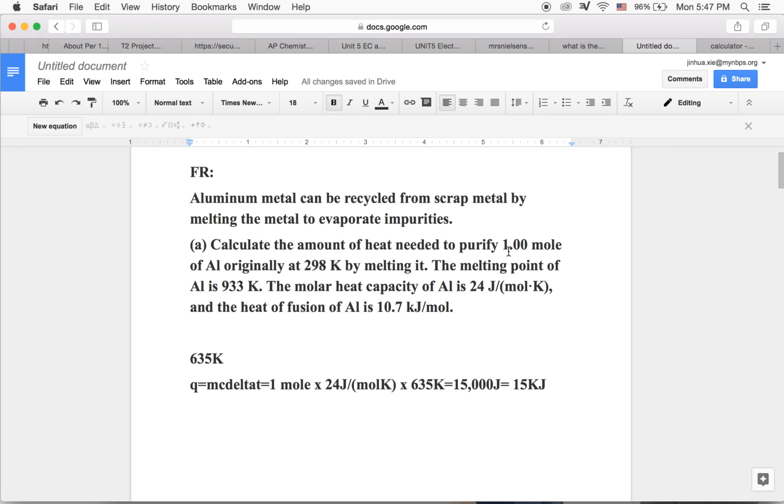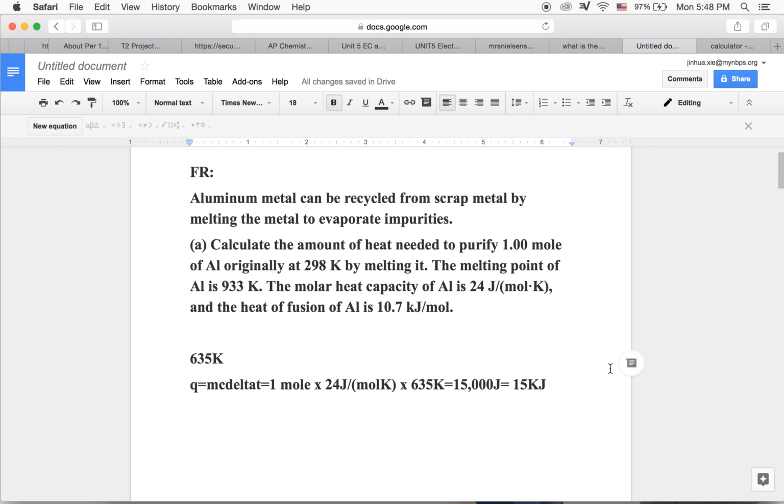And in the question it says the heat of fusion of Al is 10.7 kilojoule per mole, which is the energy required to change a gram of a substance from the solid to the liquid state without changing its temperature, and this energy breaks down the solid bonds but leaves a significant amount of energy associated with the intermolecular forces of the liquid state.